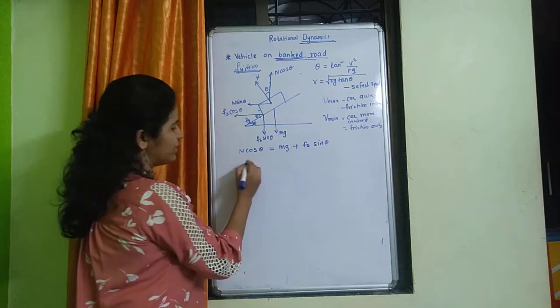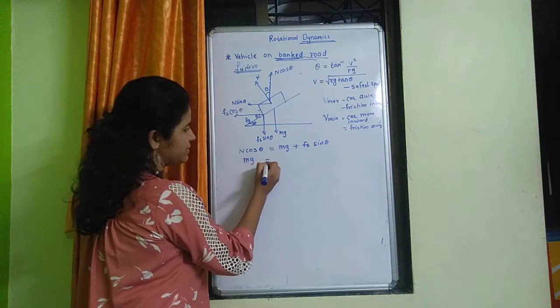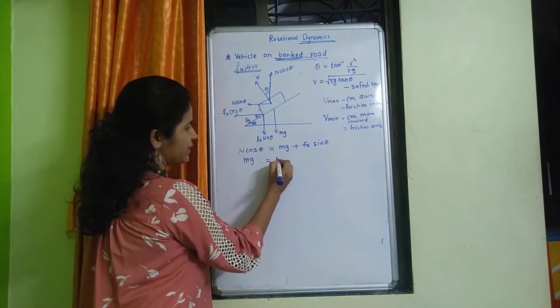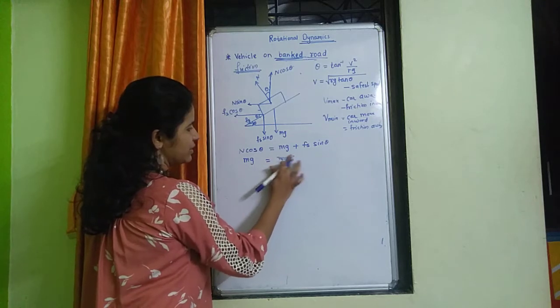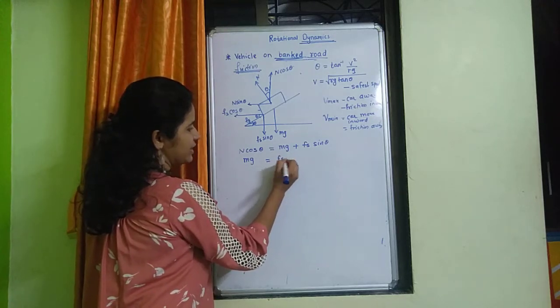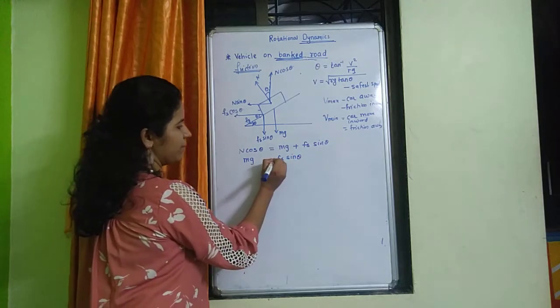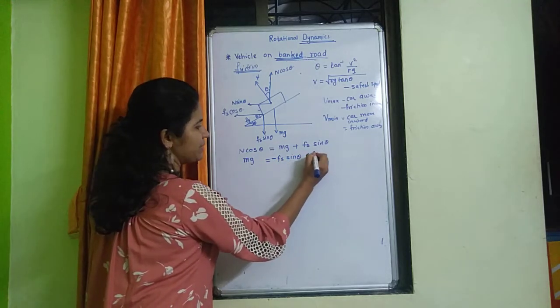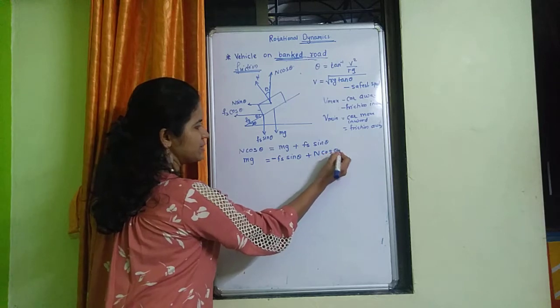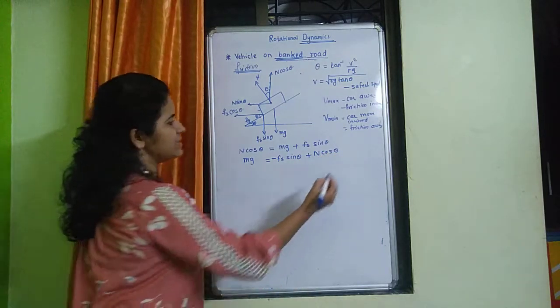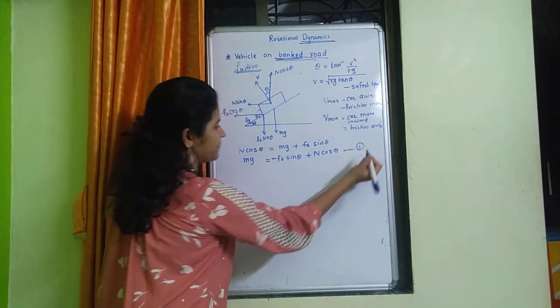So taking mg as the subject, mg equals N cos theta minus Fs sin theta. This is equation number 1.